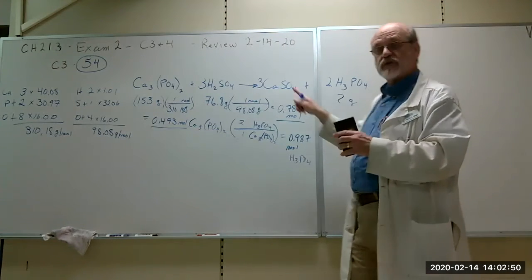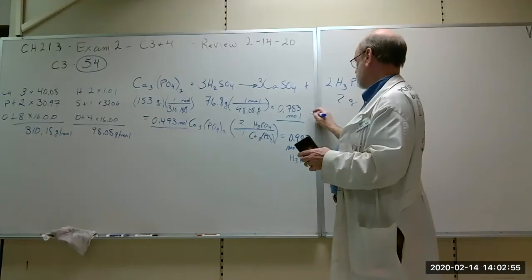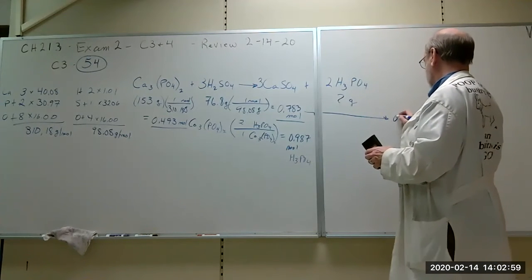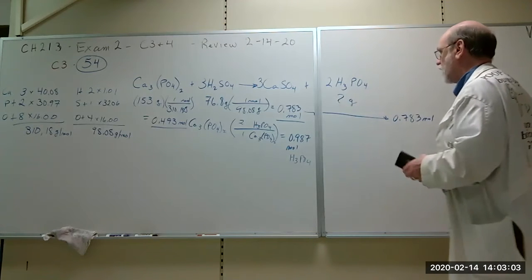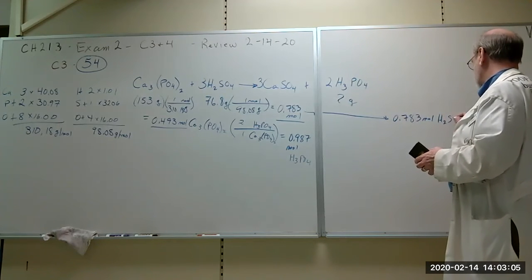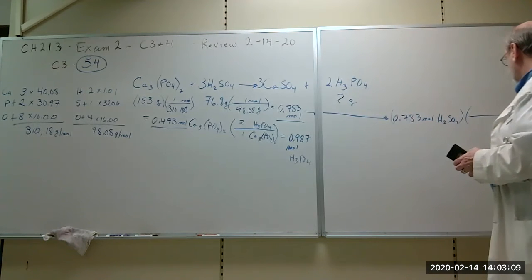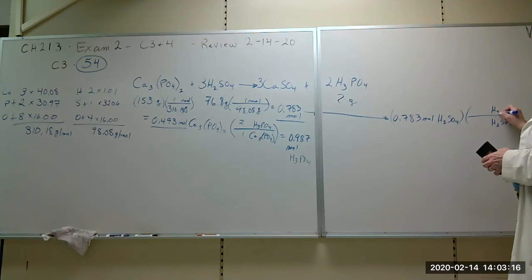Now we look at sulfuric acid. What if all of the sulfuric acid is converted? 0.783 moles of sulfuric acid. We want to convert that into H3PO4.